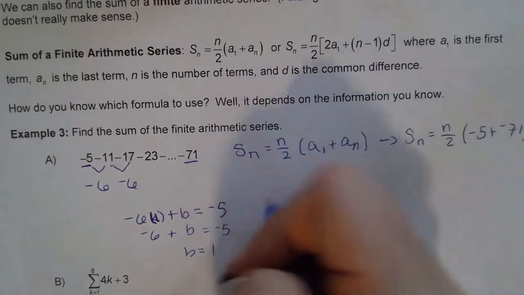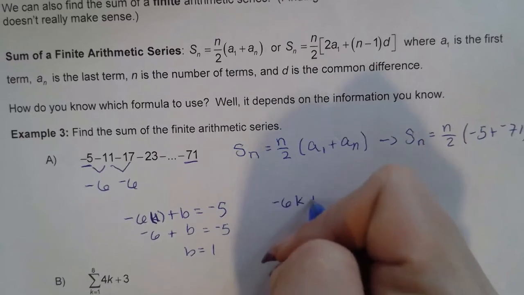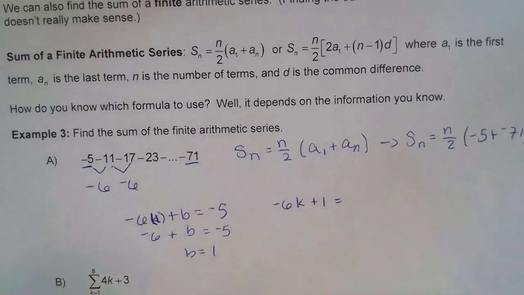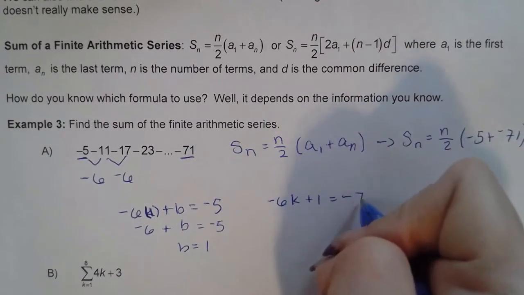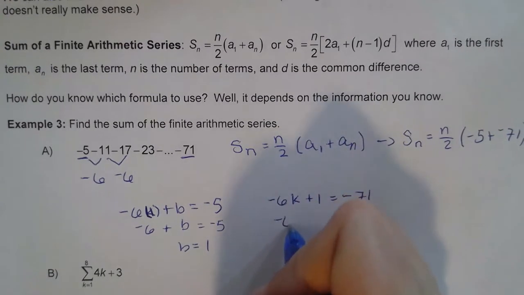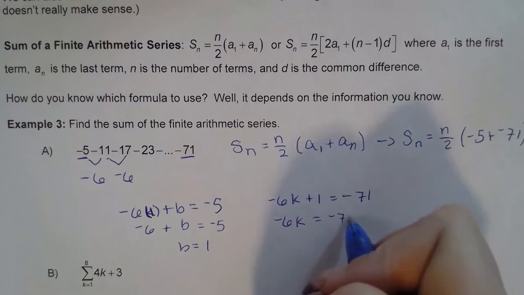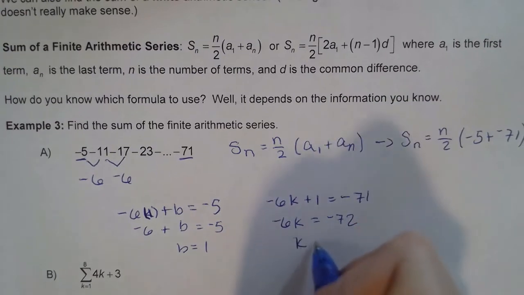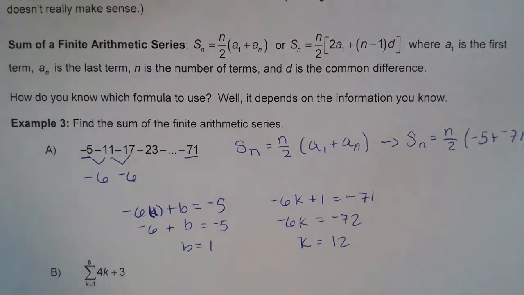All right, now we can use that, right? We have -6k plus 1, and we need to figure out what k value, what term, is the -71 value. Okay, so now we're going to solve that through. -6k equals -72, so k equals 12. K is 12, so we're going from 1 to 12, so we're dealing with 12 terms.